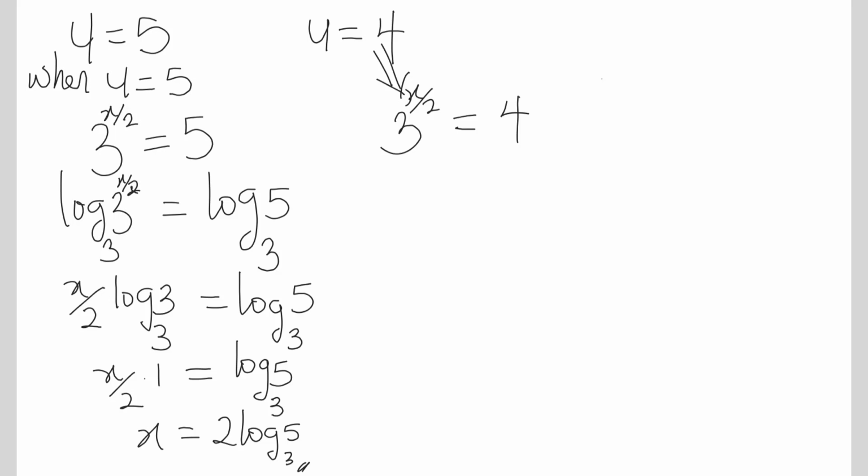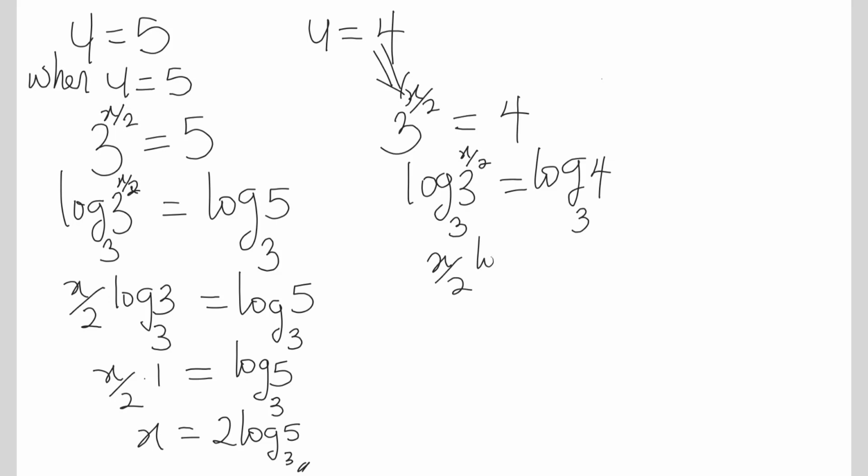And from there we can raise both to the logarithm of base 3. So we have logarithm of base 3 of 3 raised to the power of x over 2 equal to logarithm of base 3 of 4. Of course, using the same approach, we have x over 2 log 3 base 3 equal to log 4 base 3. And of course, we know that log 3 base 3 would definitely give us 1.